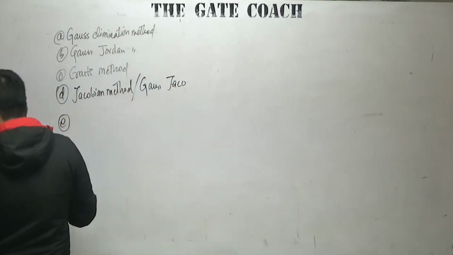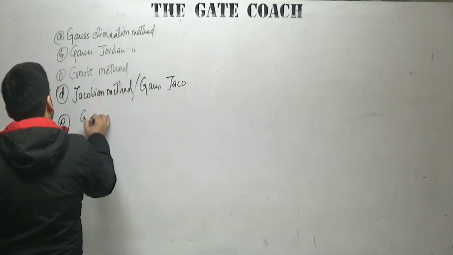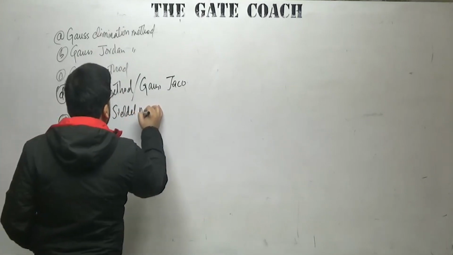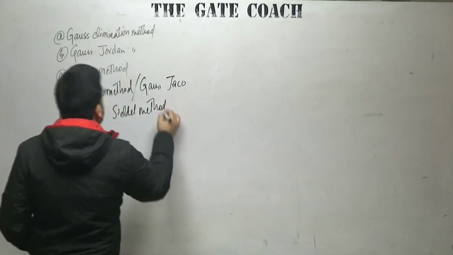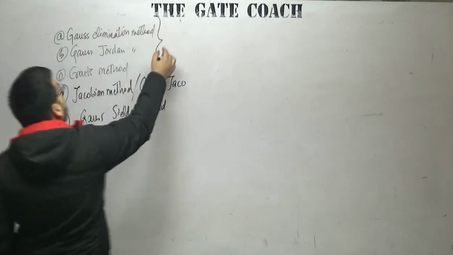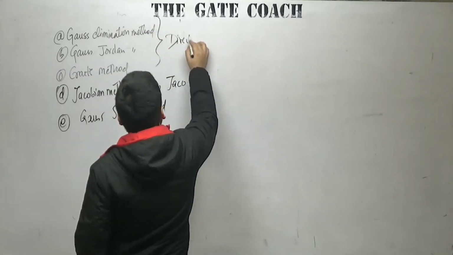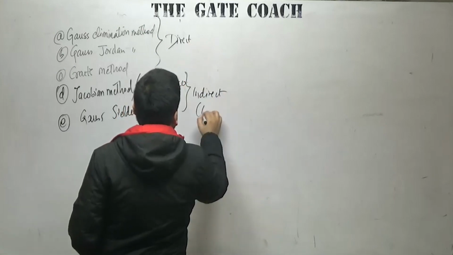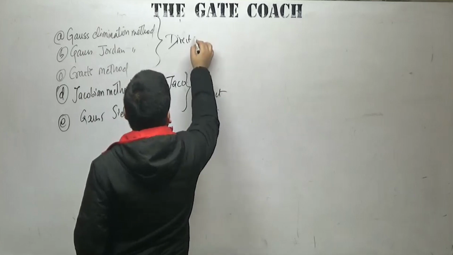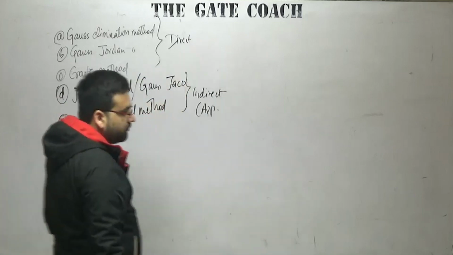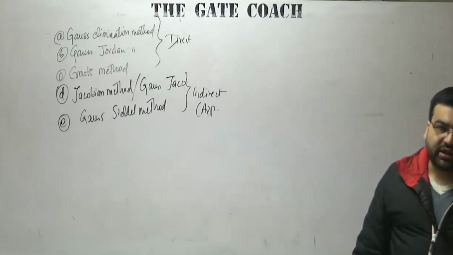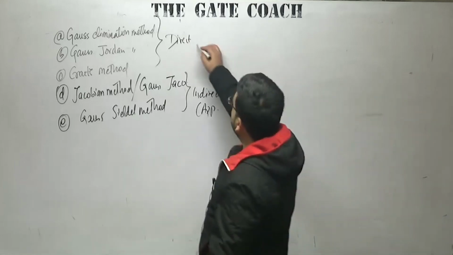After this, the last method is called the Gauss-Seidel method. These first 3 methods are also called the direct methods, and these are called the indirect methods or approximate methods. Why are the first 3 called the direct methods? Because we are getting an exact value.